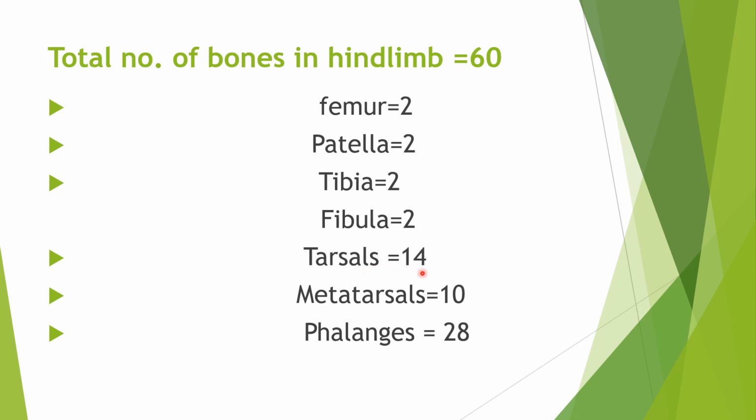Tarsals were 7 tarsals, and when you count for both feet, then they will be 14 tarsals. Same is the case with metatarsals, 5 in one foot and 10 in both. And phalanges, 14 in one foot and 28 in both. So when you count the total bones in the hind limb, it will constitute 60 bones in the hind limb.